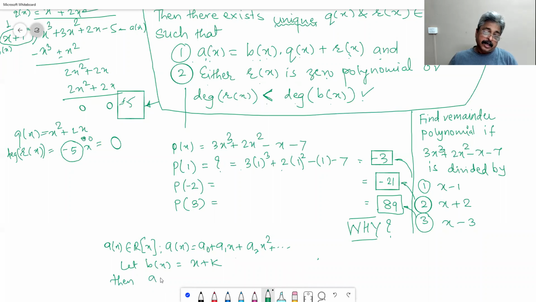Then a of x is equal to b of x times q of x plus r of x, by division algorithm.